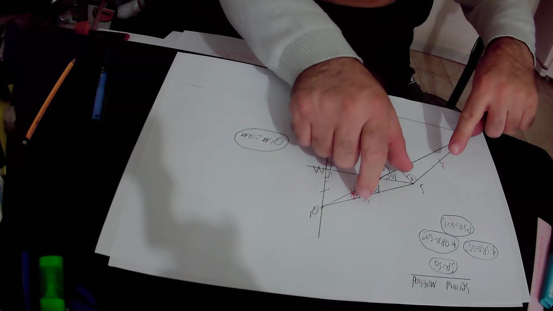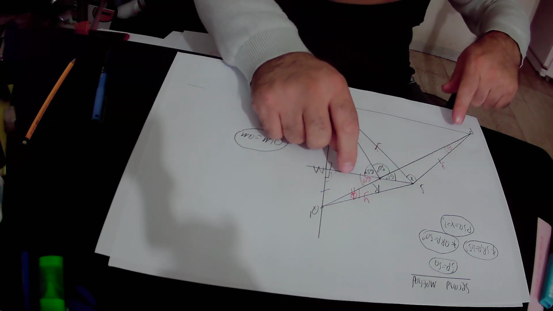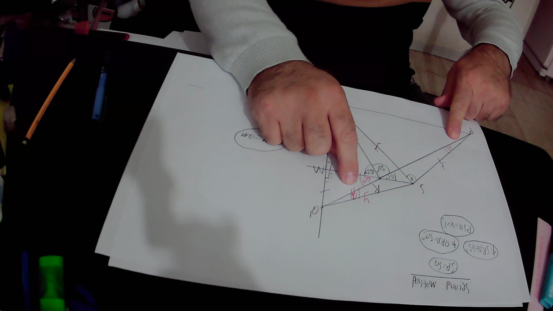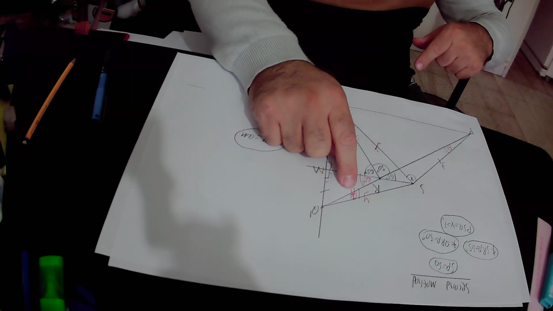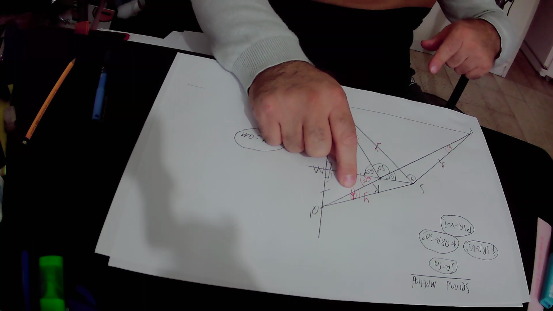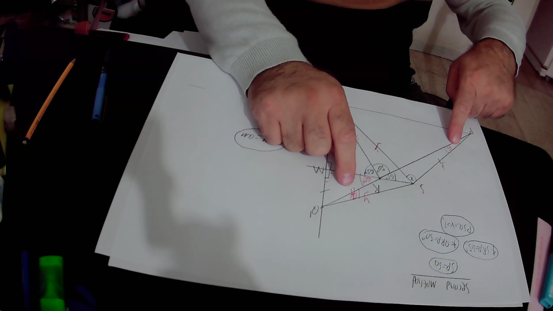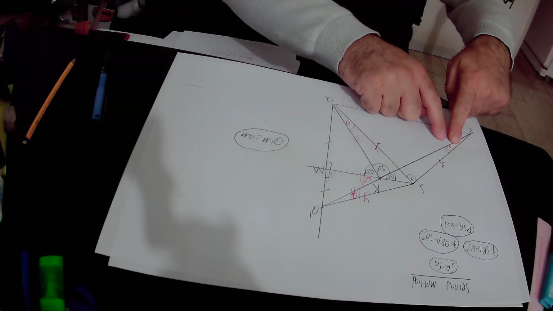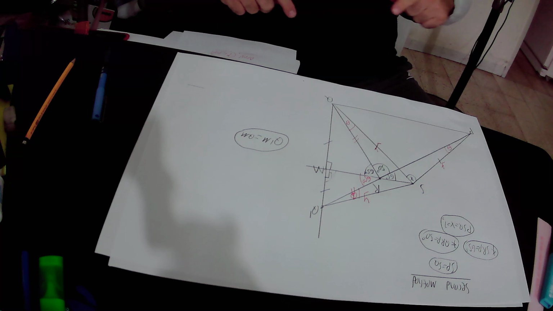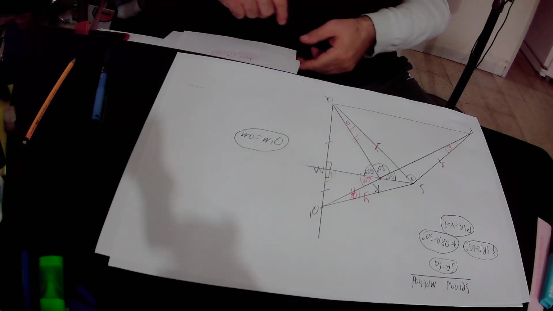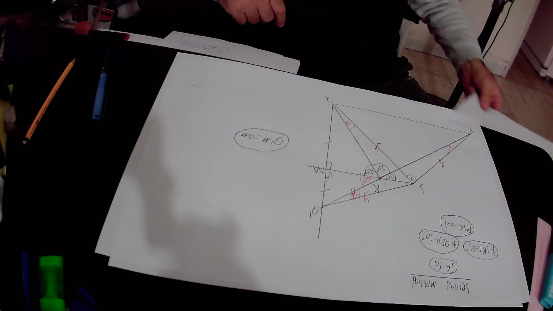So in front of those two sides that are equal to each other, we have two equal angles. Those two angles are equal to each other, and this angle equals theta. And if this angle equals theta and those two angles are equal to each other, this angle will also equal theta.